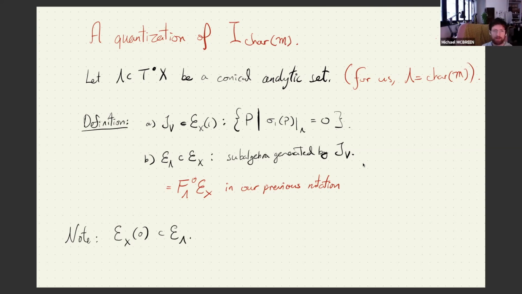And notice that E lambda contains order 0 microdifferential operators, because their symbol vanishes by definition. So it's order 0 differential operators plus those select order 1 differential operators whose symbol vanishes along lambda, I think they generate.